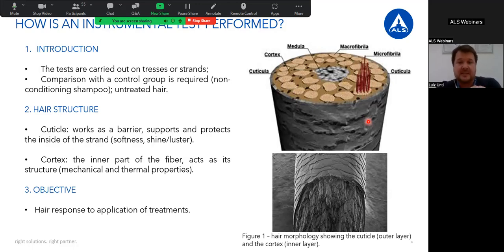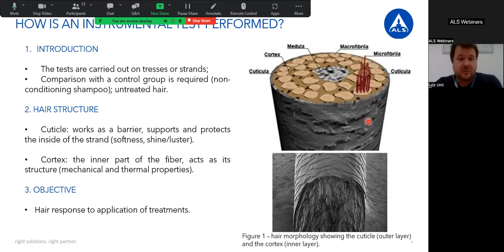So this is basically the idea of instrumental testing. We use tresses or strands and compare every single test to a control group to give the benefit, as a percentage or a number of times the benefit it can provide to the hair.